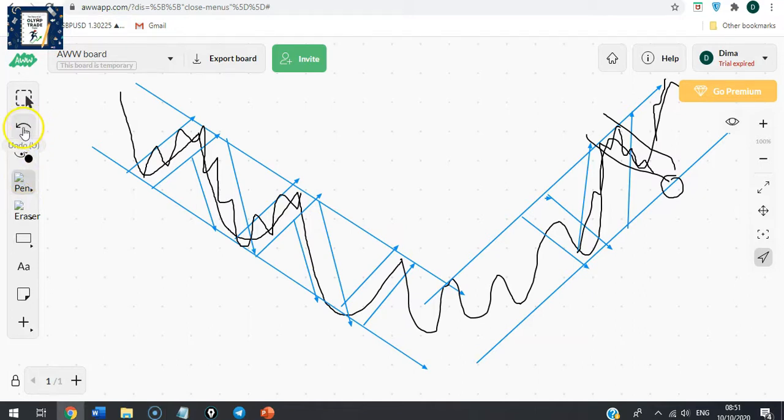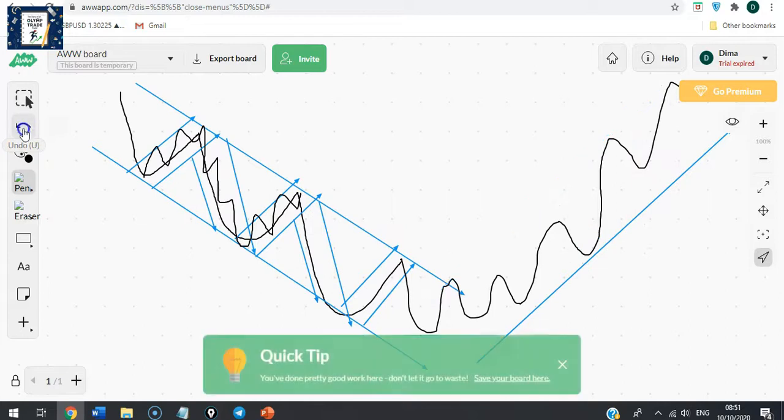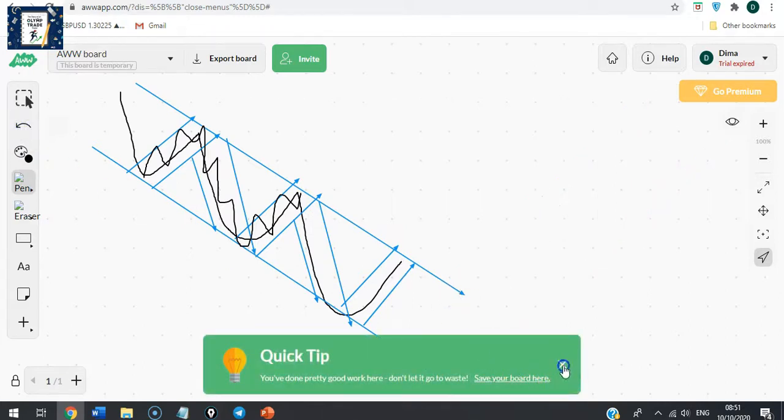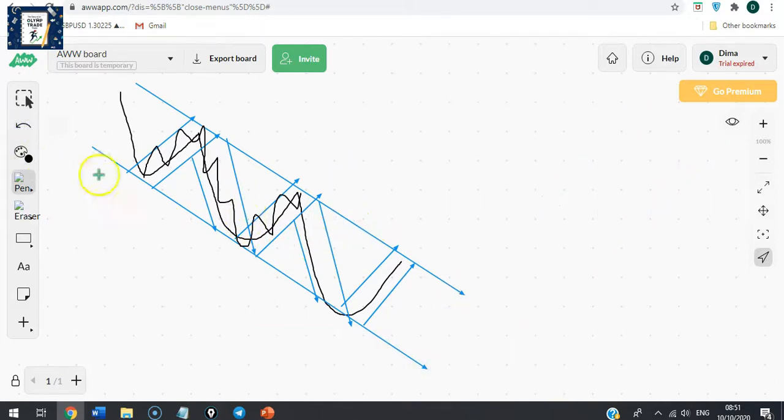Let's say you have a trade where you have identified that the market is in an uptrend, and you looked at a small time frame and you identified a pullback here. Let's make it more clear.